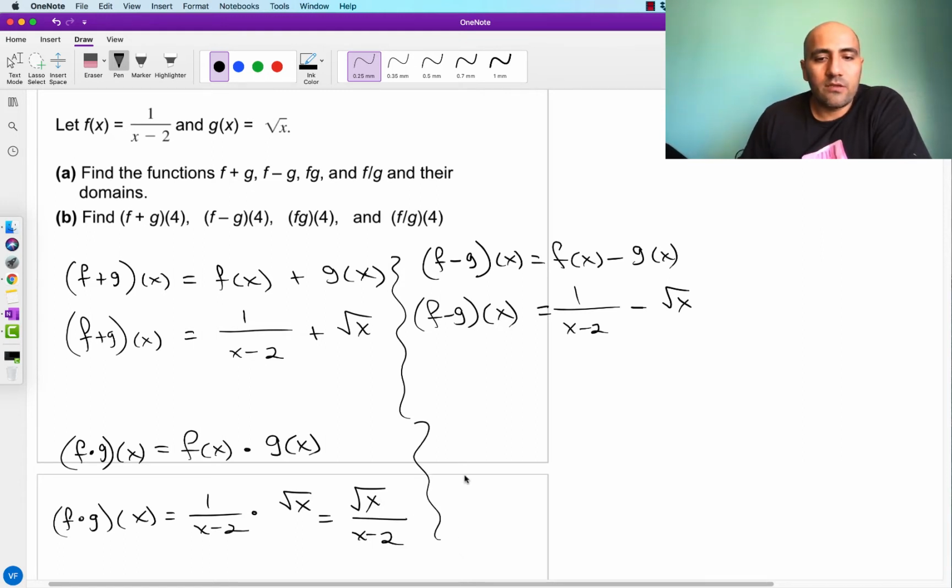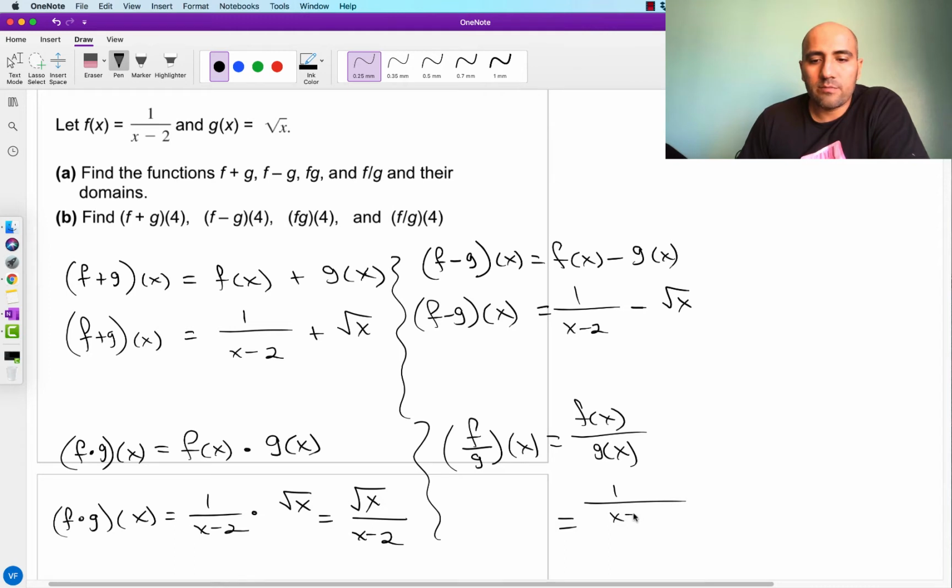Good. Last one. We have that f divided by g evaluated at x is equal to f of x divided by g of x, which in this case is going to be equal to 1 over x minus 2 up in the numerator, and all of that gets divided by root x, and that's my new function, f over g evaluated at x.